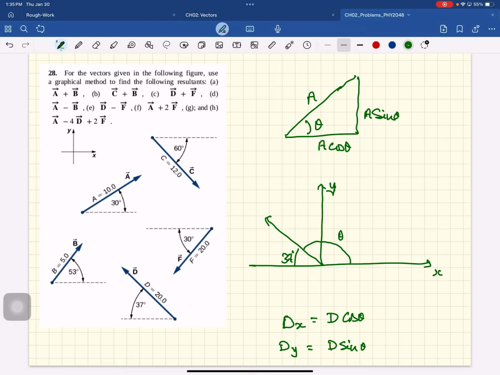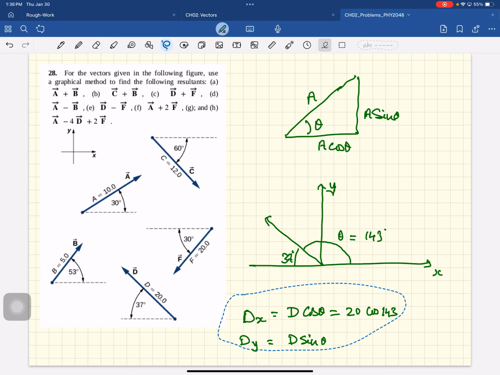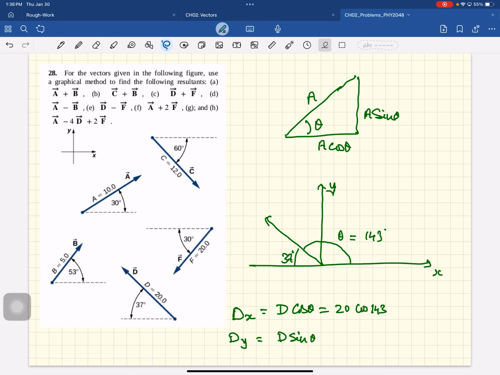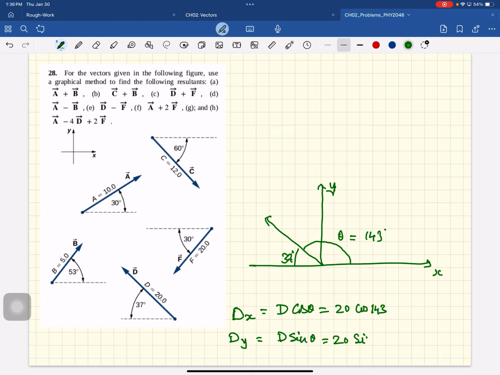So this is 20 times cosine of theta, which in our case is 143 degrees, and D sine theta is 20 sine 143.